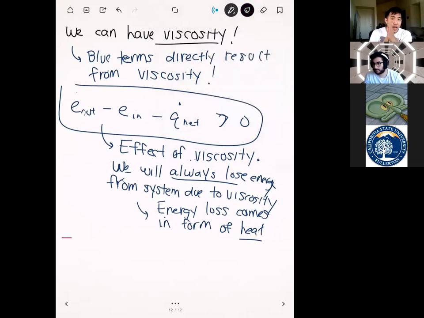If you rub your hands together, I mean, my hands are extremely sweaty right now, so it doesn't really work, but if you rub your hands together and they're dry, you know that the friction between your hands will cause your hands to heat up. The reason that occurs is that the kinetic energy that's moving your hands is getting dissipated as heat because of friction. Okay? And so viscosity is kind of like the friction for fluids.